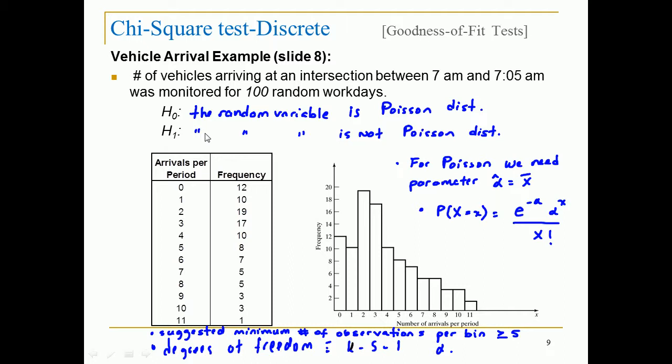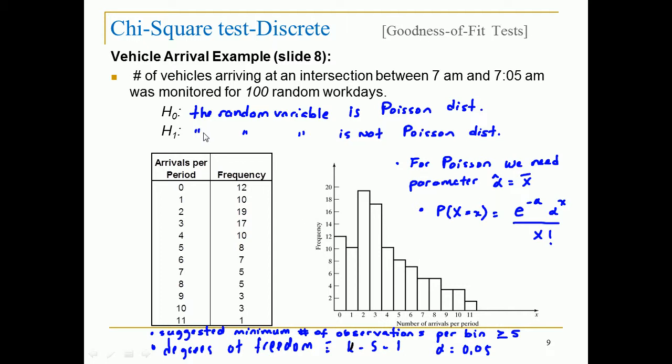And we're going to use alpha equals 0.05. This alpha is the confidence level for our test. It's not the parameter for the Poisson distribution. Okay? I don't want you to get confused.